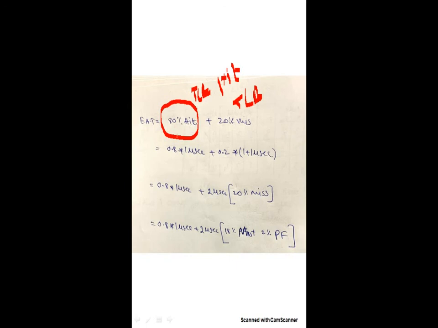So for 80%, I write 0.8 into 1 microsecond. Now 20% of the time, if it is a miss, it will take 2 memory accesses, right? So 1 plus 1, 2 microseconds. So I write this 2 here and 0.2, that is 20%, here. This is simple mathematics.